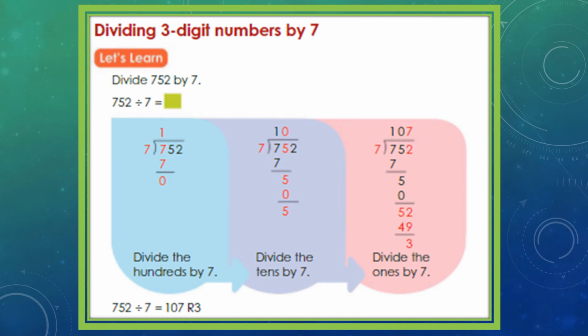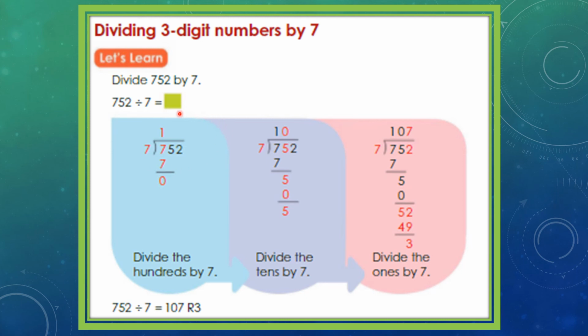Now we have here another slide: dividing three-digit numbers by 7. We'll find now the quotient, class, of 752 and 7. Here we need to use the long division method.